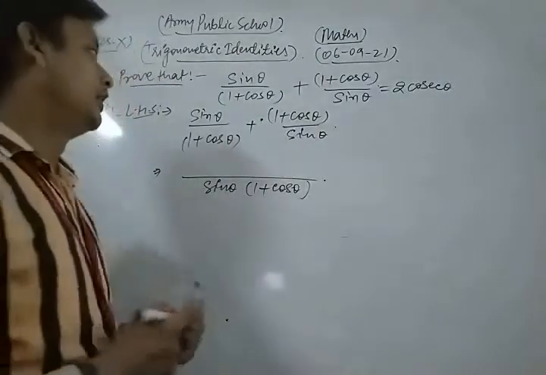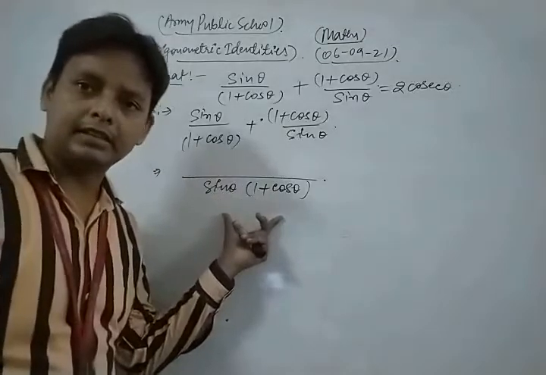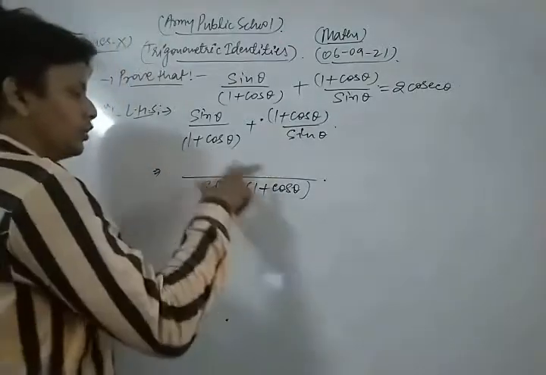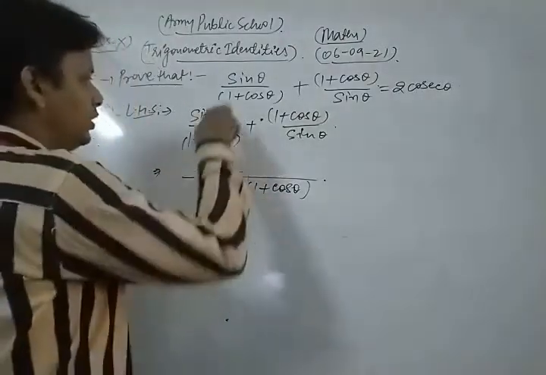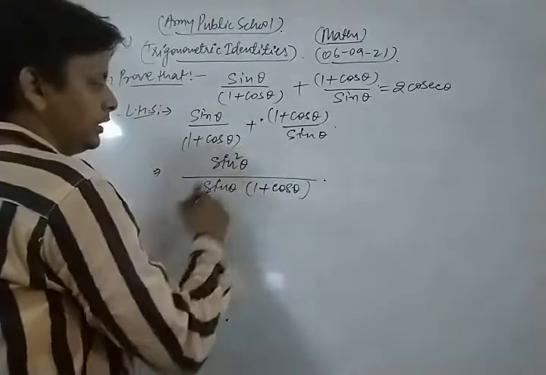Now we divide the LCM by the denominator of each fraction. So we get, now look, 1 plus cos cancels. So sine into sine is sine square theta.